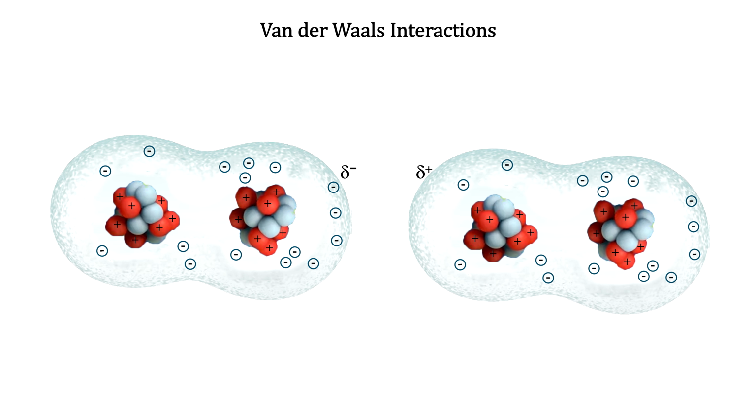And because opposite charges attract, we get a very weak and temporary attraction between the two molecules. This is the van der Waals force, and its strength increases as the number of electrons in the atoms, or the number of atoms in the molecules increases. These forces are ubiquitous in nature and influence the structure, stability, dynamics, and function of molecules throughout physics, chemistry, and biology.